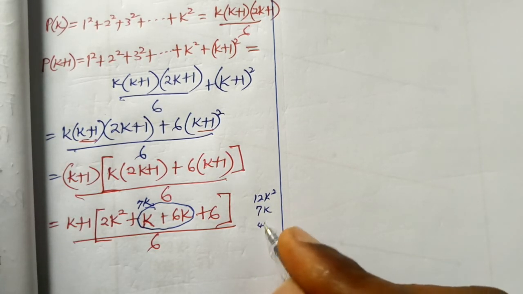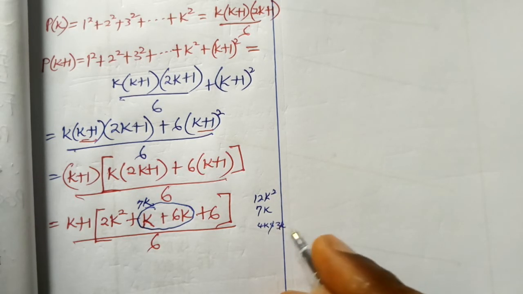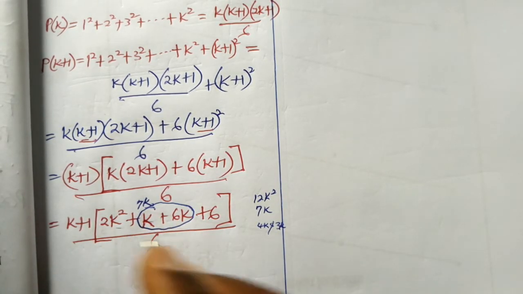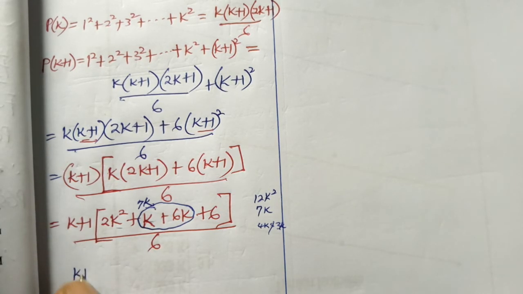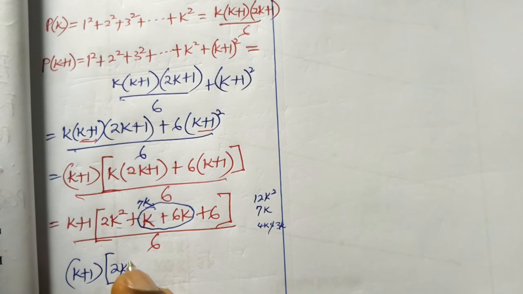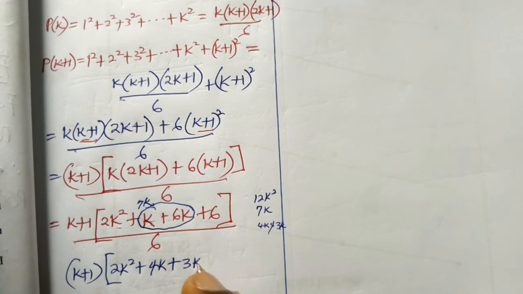So it is 4k and 3k. So we will now rearrange this to look like k plus 1 into 2k squared plus 4k plus 3k plus 6 all over 6.